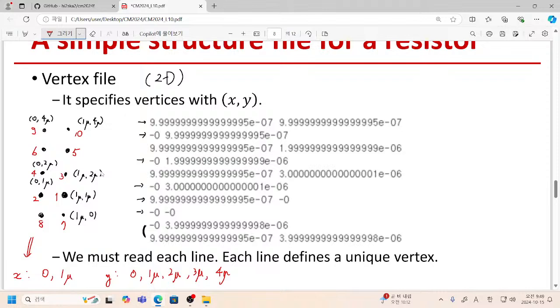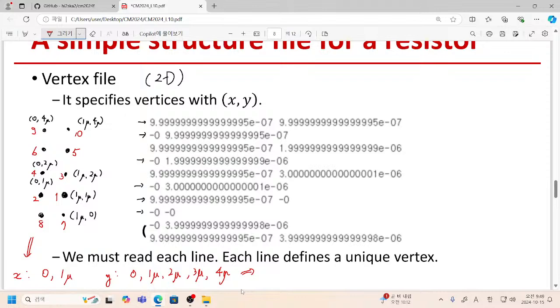For this highly structured case, maybe this is a much more efficient way to describe the entire system. However, everybody understands, although it sounds great, that it lacks generality. You cannot describe an arbitrary shape with this kind of structured mesh. So please understand this difference.